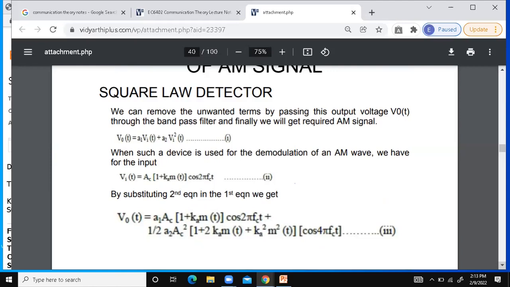So we say here, we can remove the unwanted terms by passing this output voltage of t through the bandpass filter, and finally we will get the required AM signal. Right? When such a device is used for the demodulation of an AM wave, we have this for the input, and we define K2 already from above.